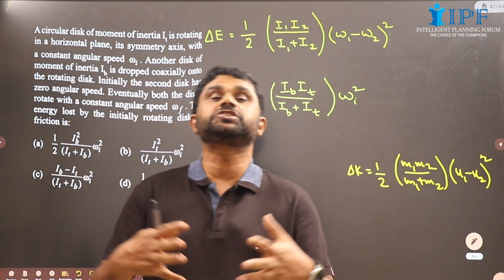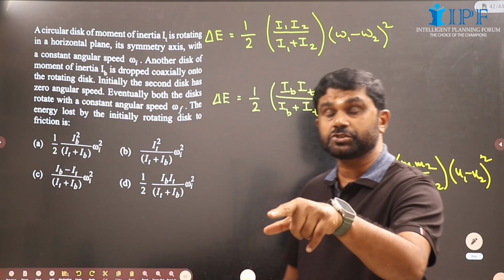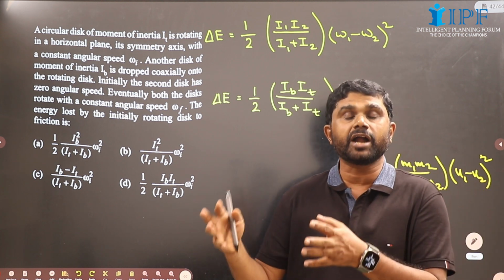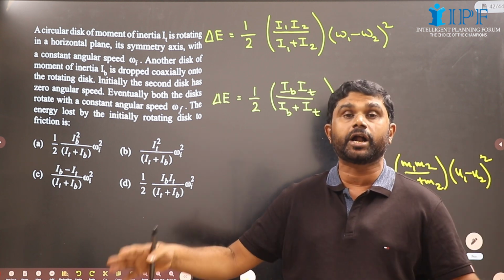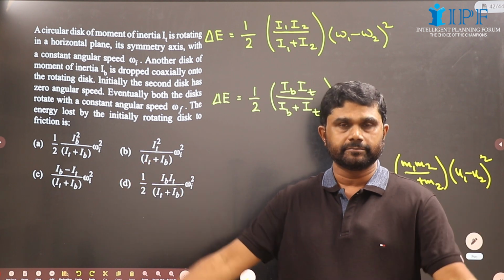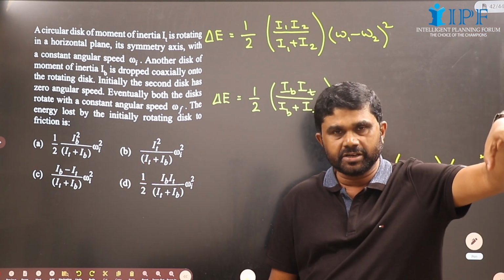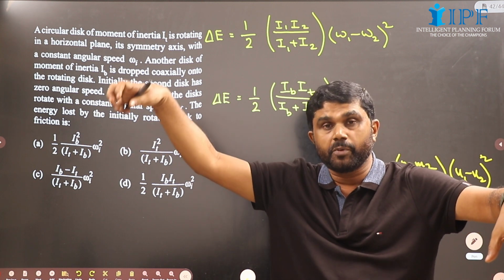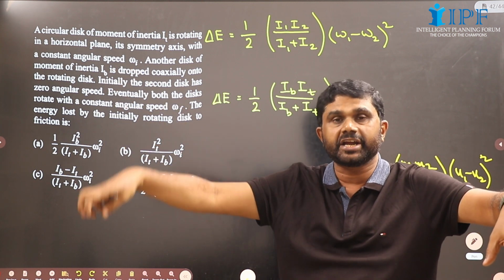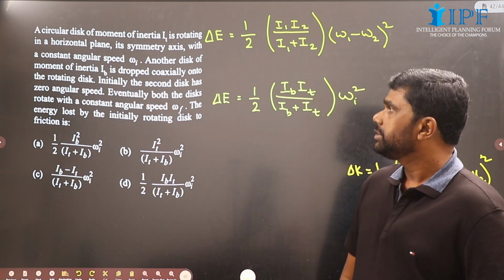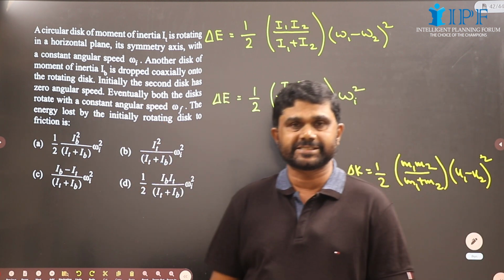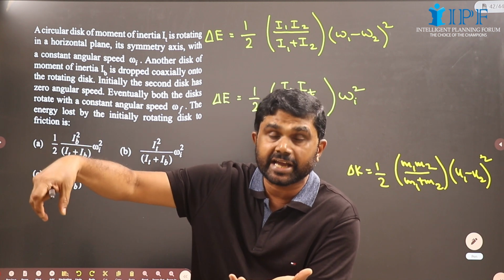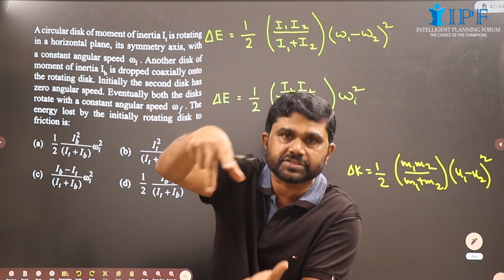Here we have two rigid bodies with moments of inertia I1 and I2, rotating with angular velocities omega 1 and omega 2 independently. The body of moment of inertia I1 is rotating with angular velocity omega 1, and another body of moment of inertia I2 is rotating with angular velocity omega 2. Here we have two circular discs. Now suppose I take the second disc and gently place it over the first.